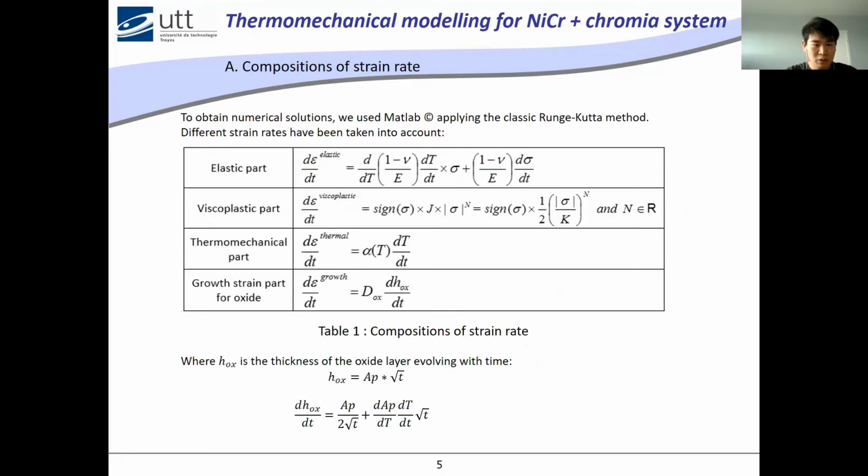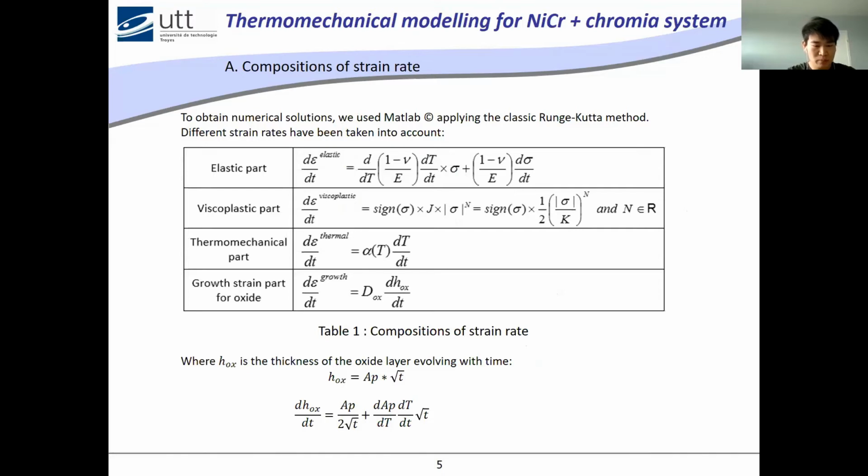To obtain the numerical solutions, we use MATLAB and apply the classic Runge-Kutta method. The different strain rates have been taken into account: the elastic part, viscoplastic part, thermal part, and growth part for the oxide.